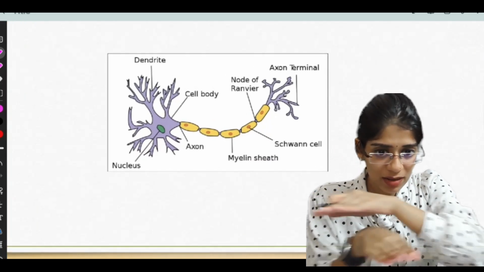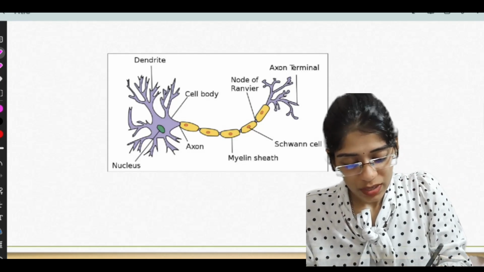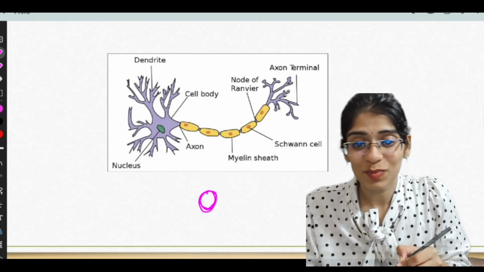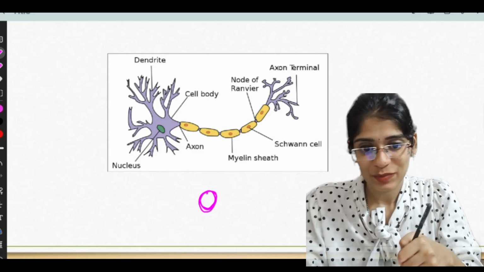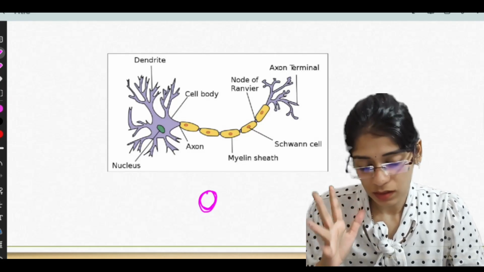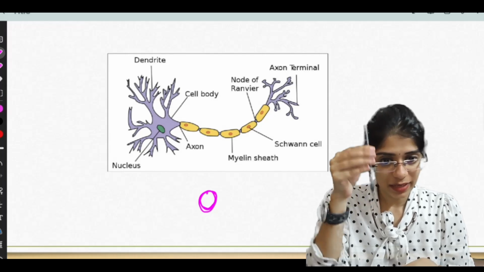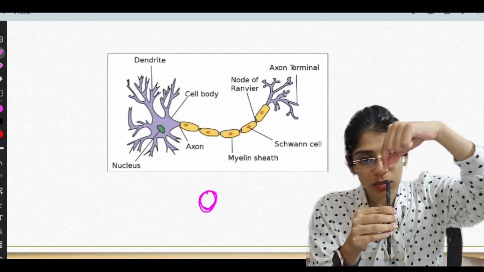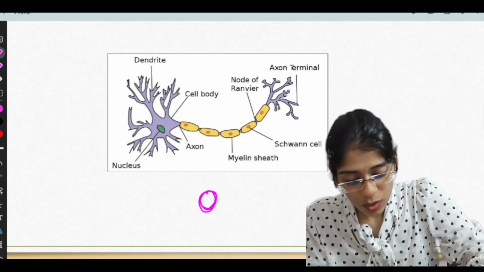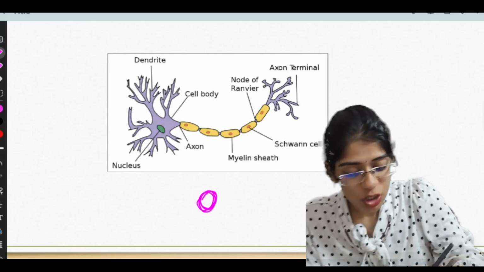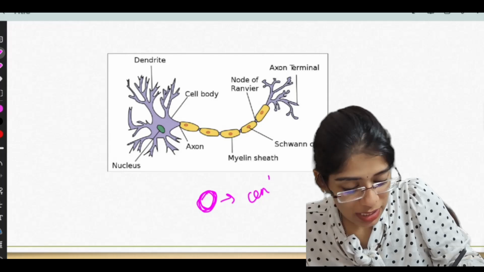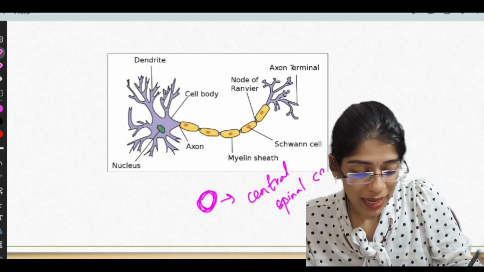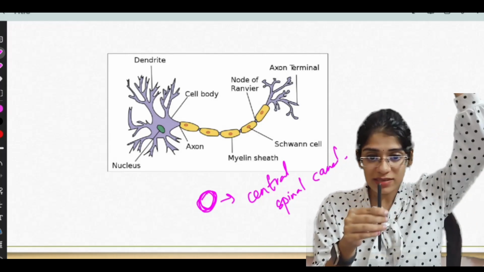When I take a transverse section of the spinal cord, initially what I see is a circle that is nothing but the spinal canal. So get this clearly. If this is a spinal cord, innermost, it has got an opening, a round opening or a space that is called the central spinal canal, through which the CSF flows.